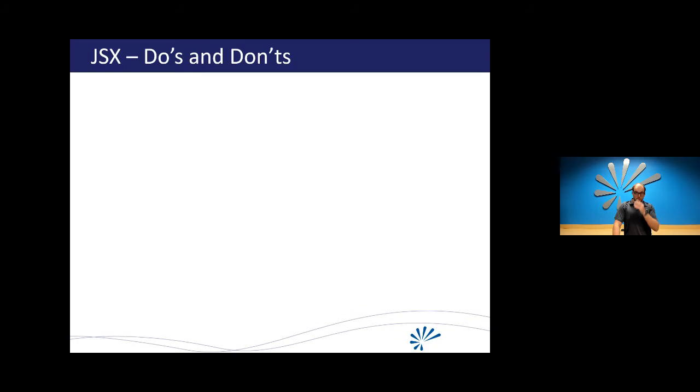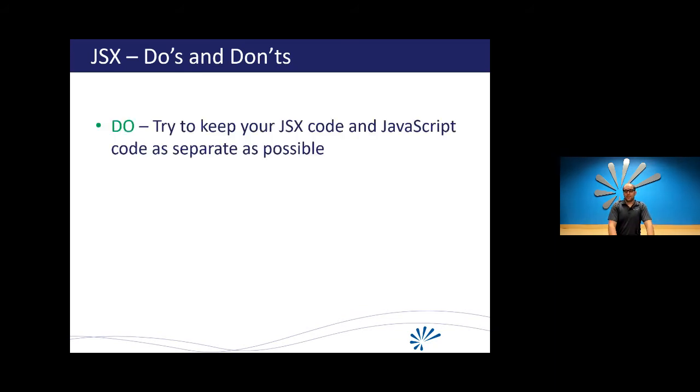So, a couple of do's and don'ts of JSX. Do try and keep your JSX code and JavaScript code separate. If you take your JavaScript code and embed it in your JSX, then you're not really taking advantage of the features that JSX and React are giving you. It makes it really hard to read your code because your brain's going HTML, HTML, HTML, JavaScript, HTML, JavaScript, and it gets really, really confusing.